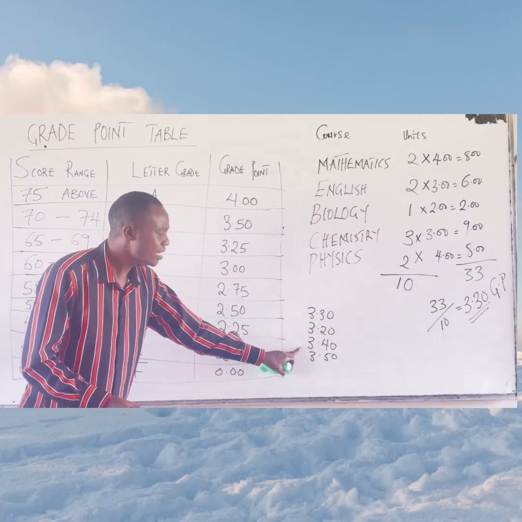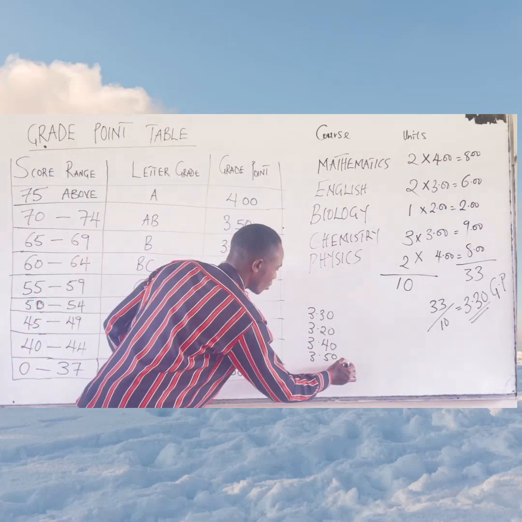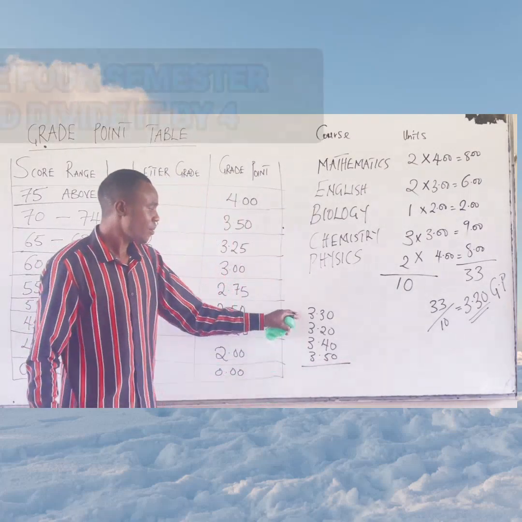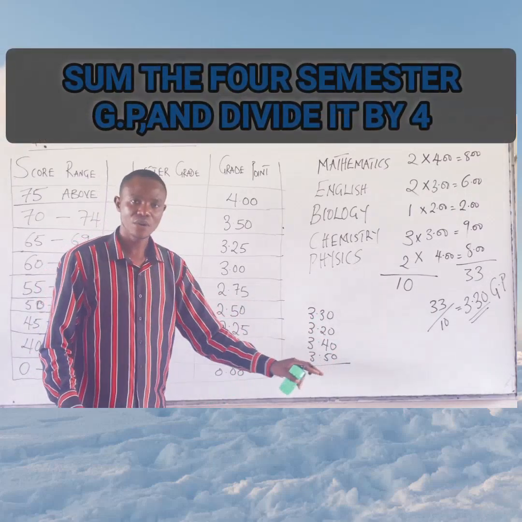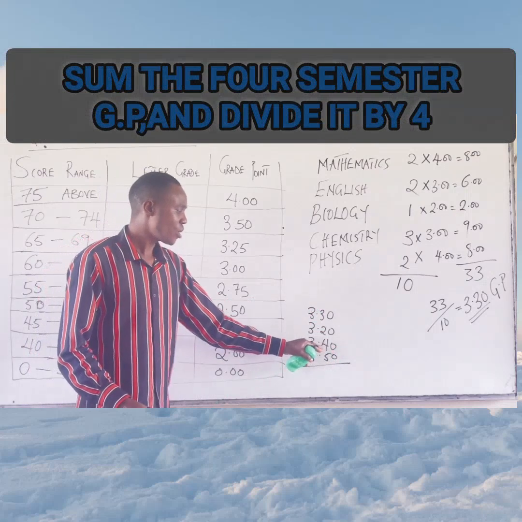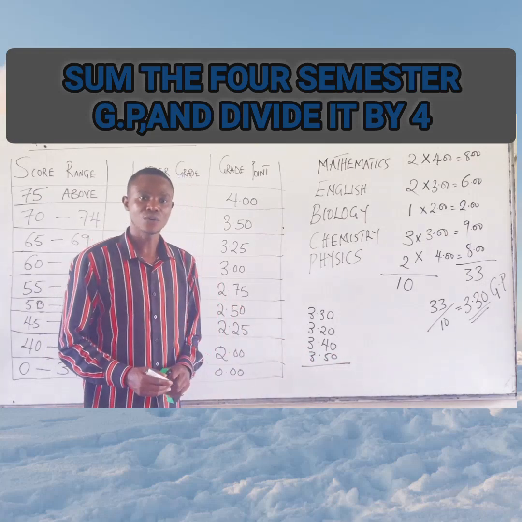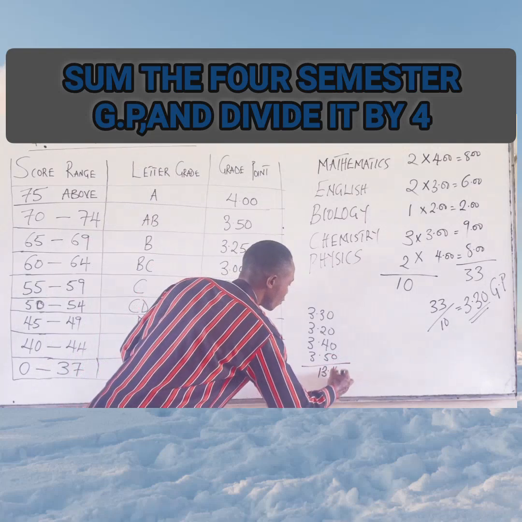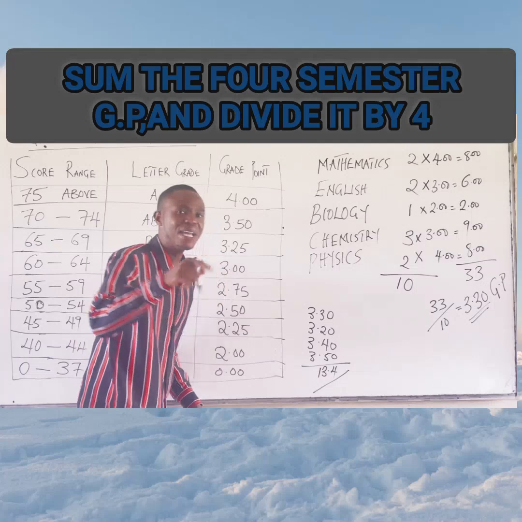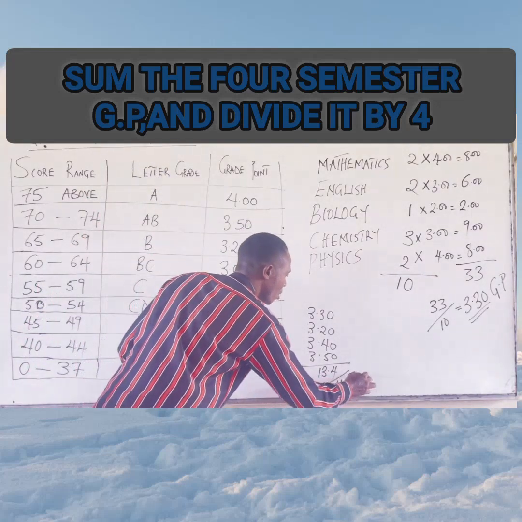It is to add up these 4 GPs. 3.30 plus 3.20 plus 3.40 plus 3.50 gives 13.4. 13.4 divided by how many semesters? 4 semesters, so divided by 4.